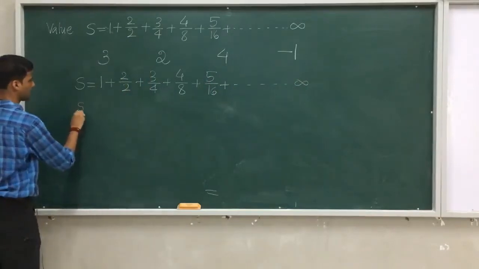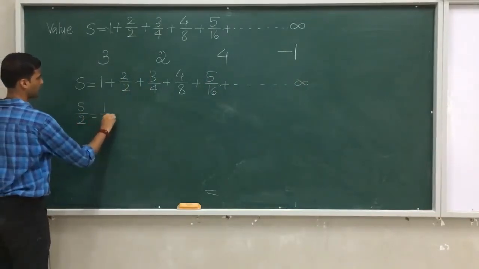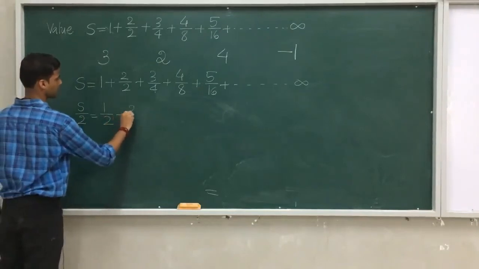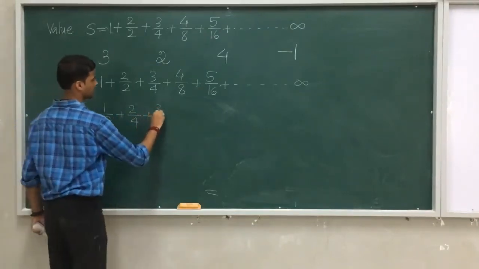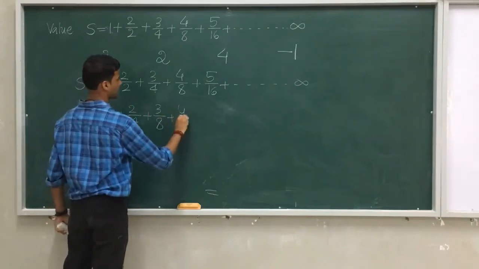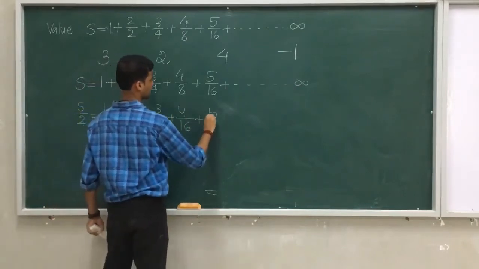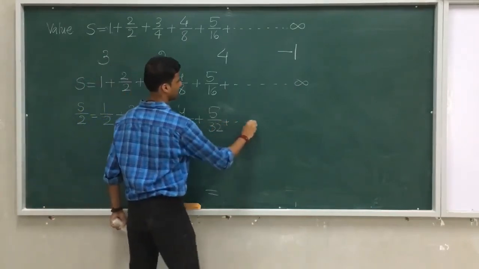Now I'll write S by 2: 1 by 2 plus 2 by 4 plus 3 by 8 plus 4 by 16 plus 5 by 32 plus infinity.